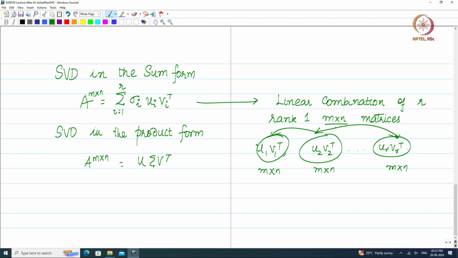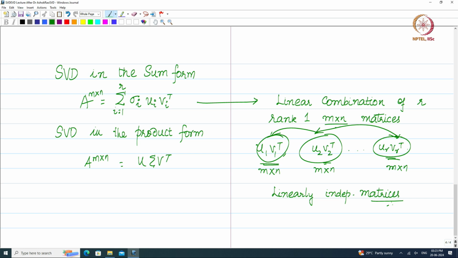Why? Because U1 and U2 are orthogonal to each other, V1 and V2 are orthogonal to each other, and so on. Therefore all these matrices are linearly independent.